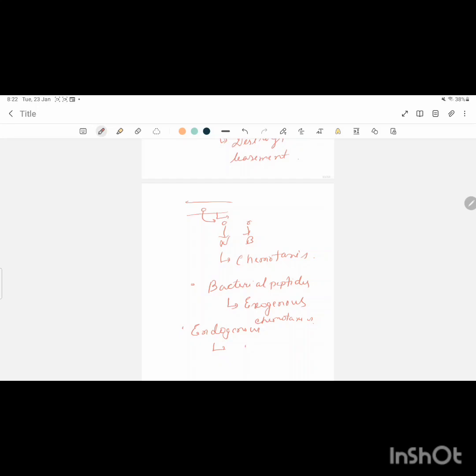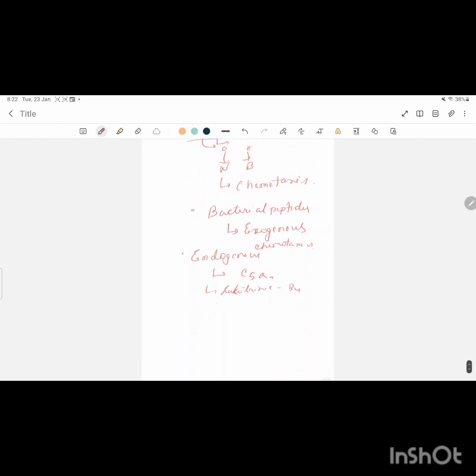It is mostly C5a, leukotriene B4, and also interleukin. These are all endogenous chemotaxins.